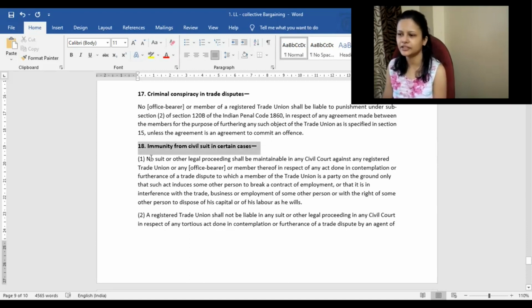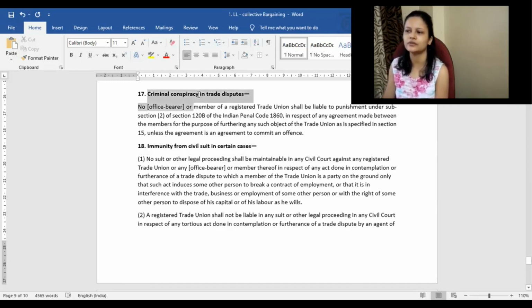Then under section 18, we have immunity from civil suit in certain cases. This was relating to criminal charges, right? This is on civil suit in certain cases.